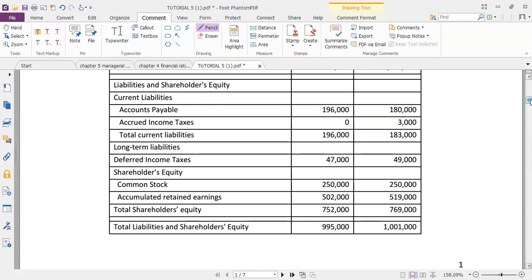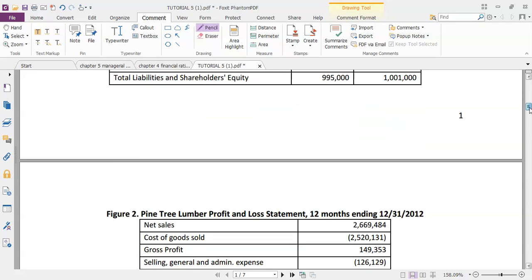Working capital is account receivable plus inventory minus account payable. That is the net working capital.